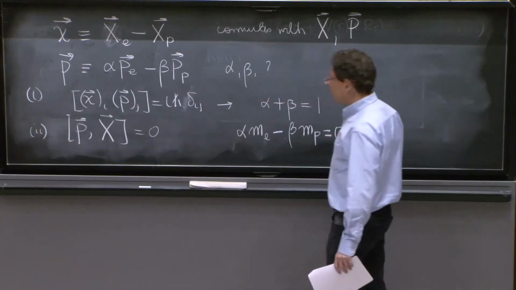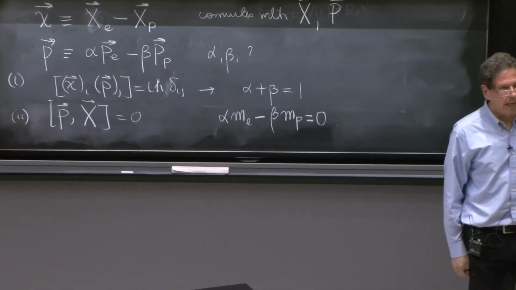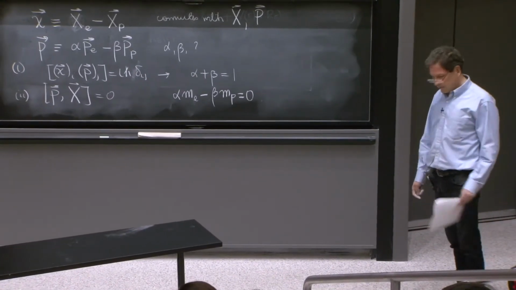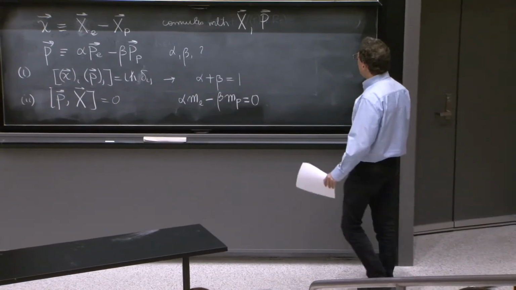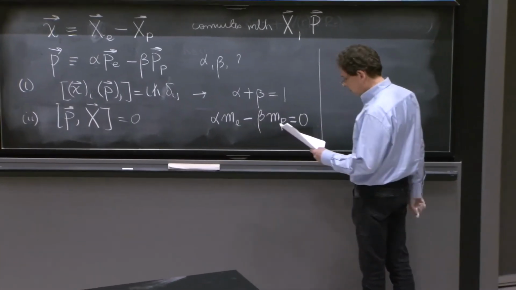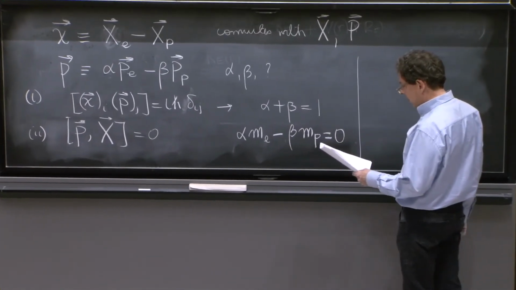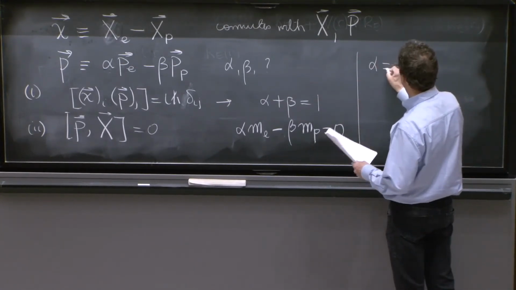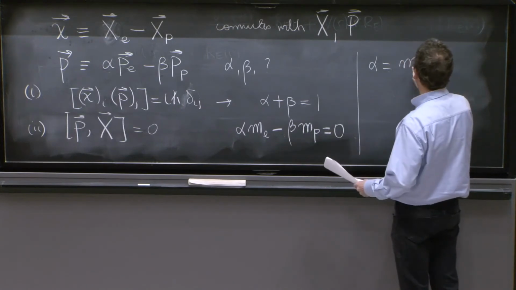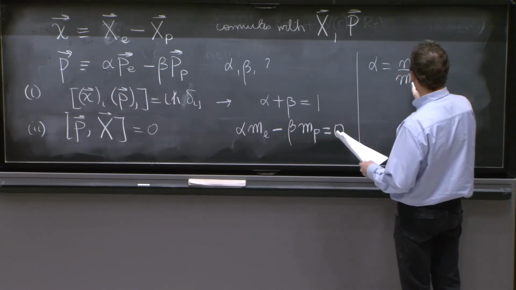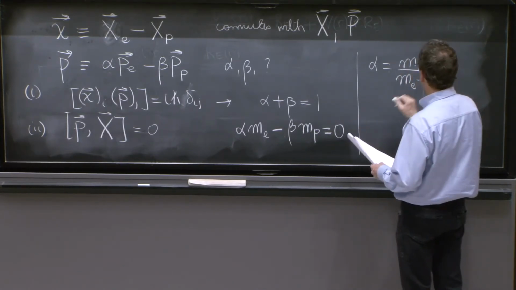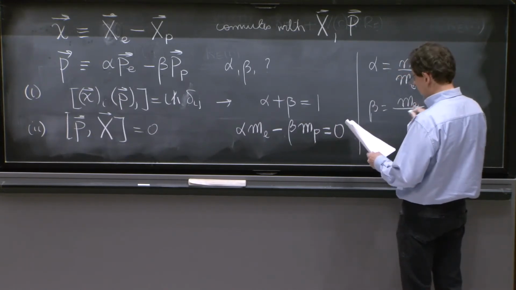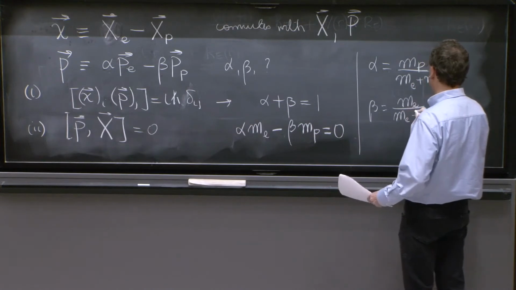Please make sure you know how to do this. You can get those conditions. I'm going maybe a little fast for you to just follow it up. So, at this moment, we can solve for alpha and beta, two equations. So alpha is equal to m_p over m_e plus m_p, and beta is equal to m_e over m_e plus m_p.